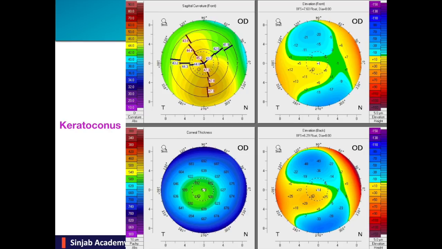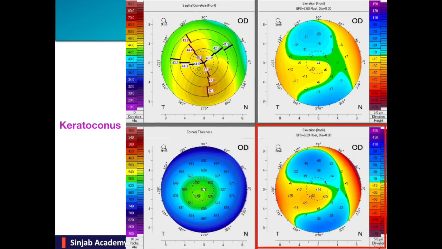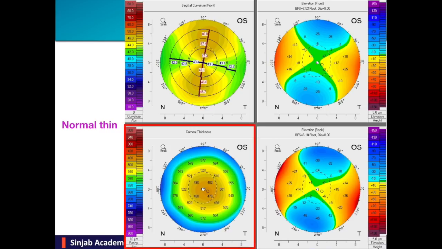Keratoconus can be topographically defined as an abnormal anterior curvature map and an abnormal posterior elevation map, regardless of the thickness map, because it is very frequent that we can see normal thin corneas. So thickness is not an indicator of keratoconus.